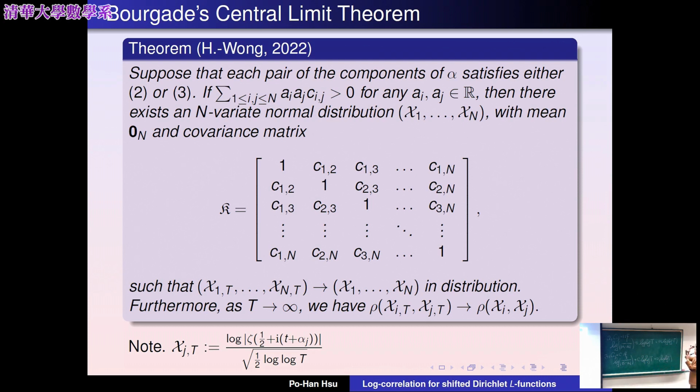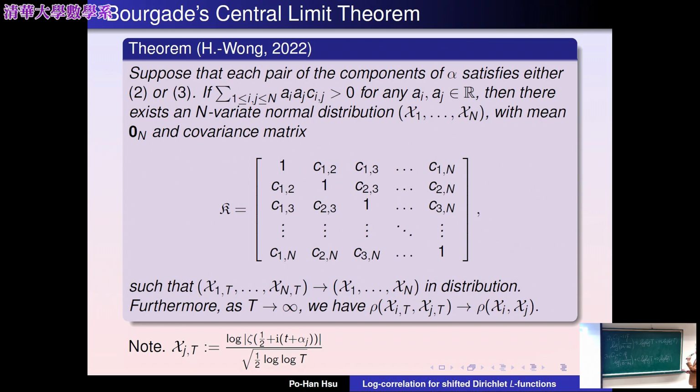So suppose we have such a nice property, then this normalized shifted Riemann zeta will go to this n-variate normal in distribution. Moreover, the correlation will converge to the corresponding correlations.